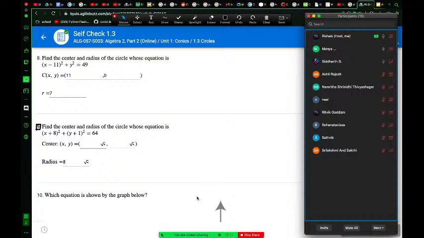The center is not going to be the origin, right? No, it's not going to be 0, 0.